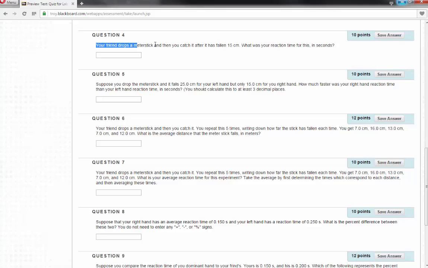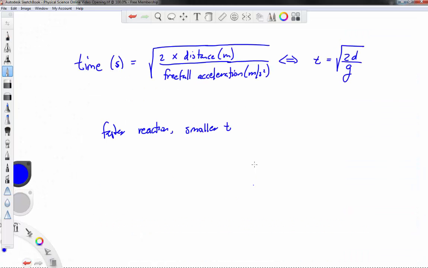Now, question 4 says your friend drops a meter stick and you catch it after it's fallen 15 centimeters. What is your reaction time for this in seconds? Okay, so we're going to use this equation now. Now we're given that the distance that this thing falls is 15 centimeters. That is, by the way, 0.15 meters.